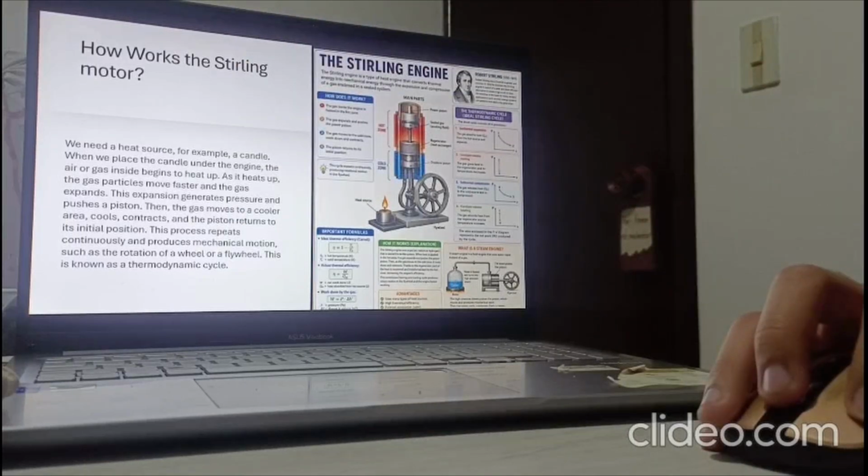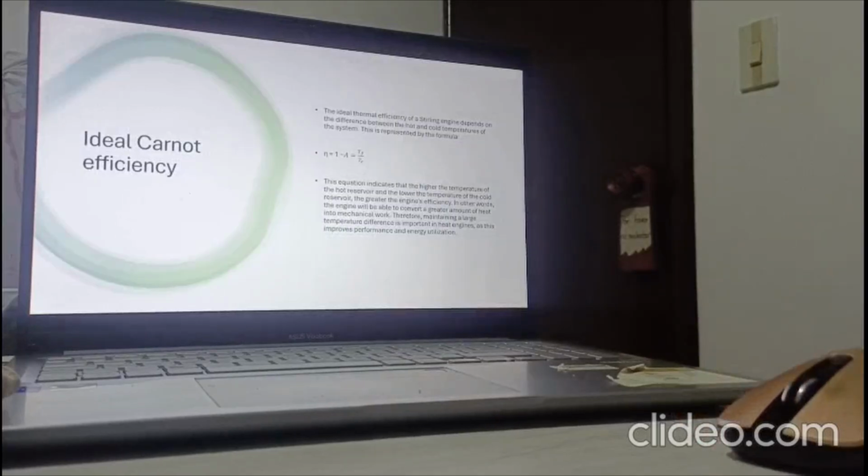How does that process work in the syringe? Well, the first process that we recognized was the ideal Carnot efficiency, which talks about temperature.